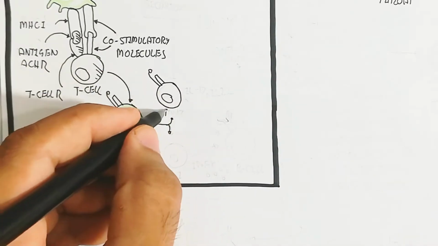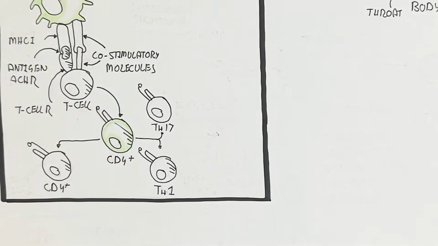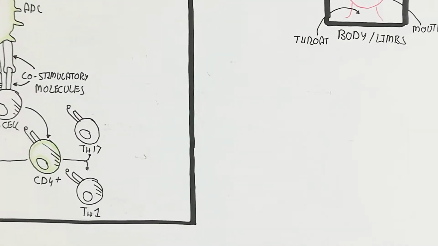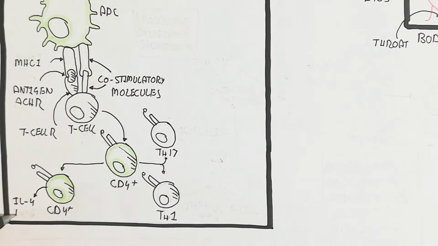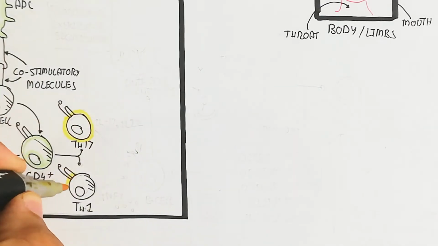CD4 positive cells produce interleukin 4 and interleukin 6, which are inflammatory cytokines. T helper 17 produces interleukin 17 and 12, while interferon gamma is produced from the T helper 1 cell.